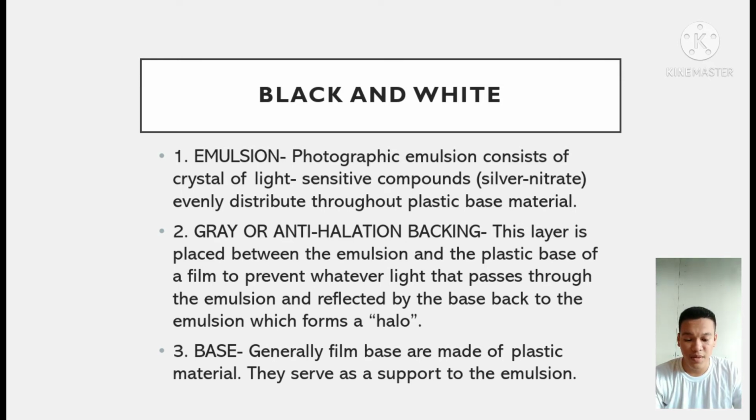However, today the base can be made from a number of materials ranging from paper to aluminum. Plastic-based films are commonly called films, while paper-based films are called photographic papers. Plastic is a particularly suitable base for film because it is dimensionally stable.